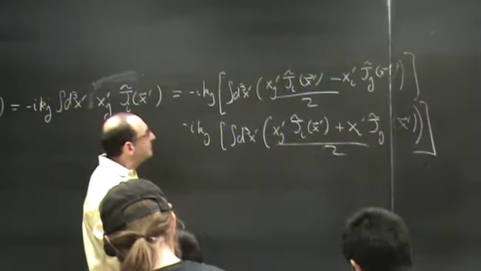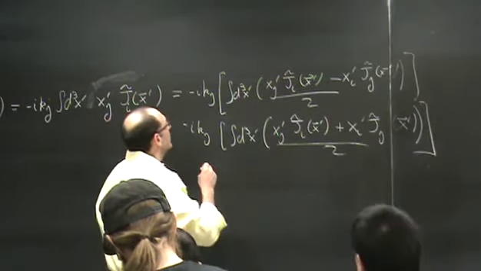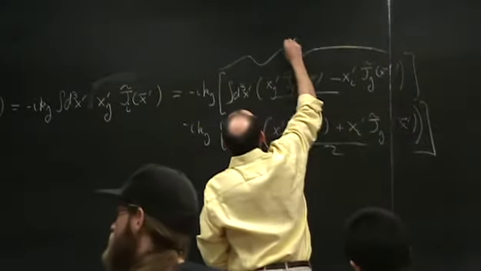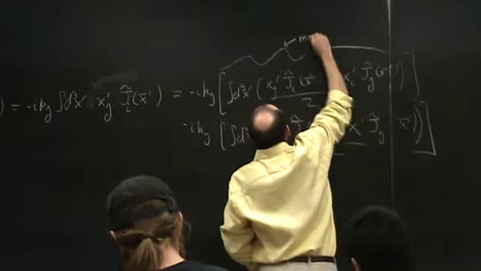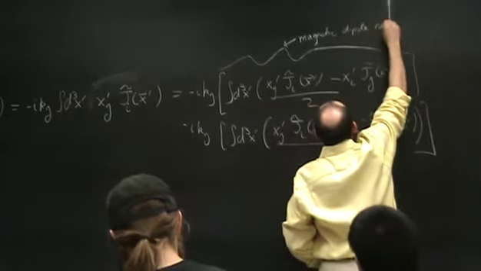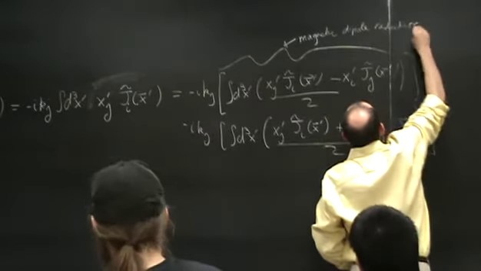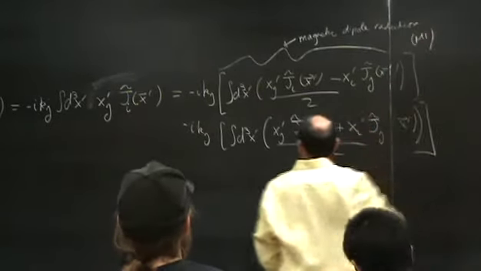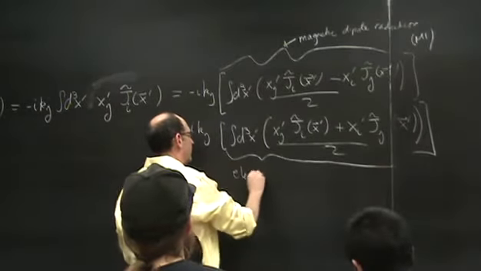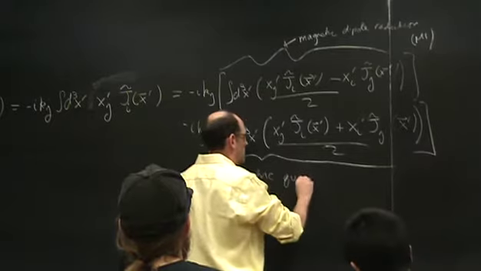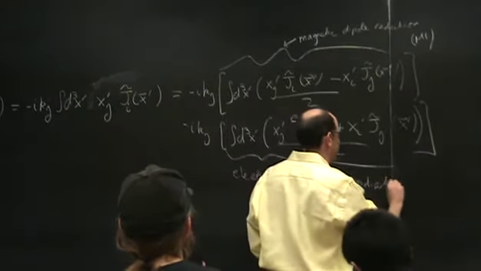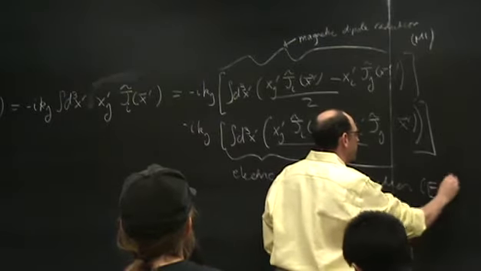When we do that, this part, as we will see in a moment, gives rise to magnetic dipole radiation, affectionately known as M1. And this gives rise to electric quadrupole radiation, affectionately known with great affection as E2.